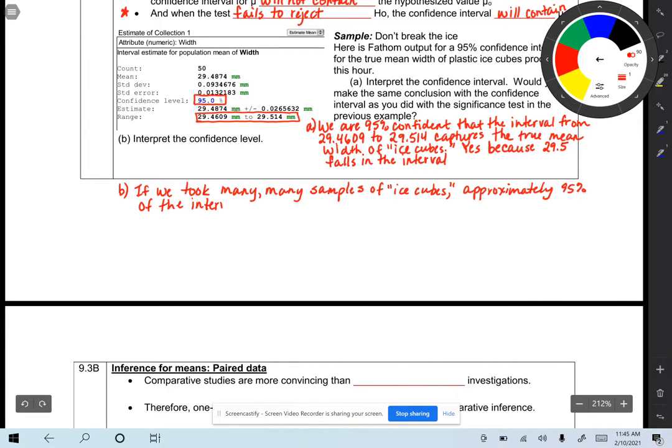So if we took many samples and calculated the interval for each of those samples, approximately 95% of the intervals would capture the true mean width of the ice cubes.